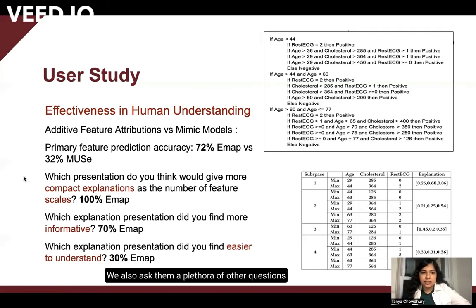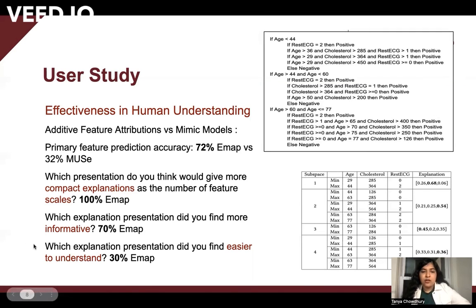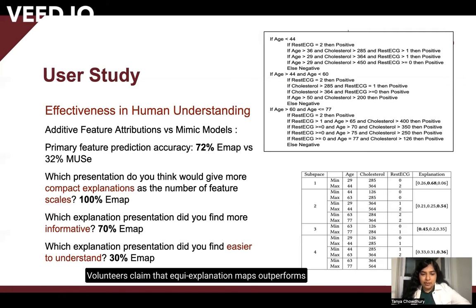We also asked them a plethora of other questions, including which method would give more compact explanations as the number of features scales, which explanation presentation did they find more informative, and which explanation presentation did they find easier to understand. Volunteers claim that Equi-explanation maps outperform if-then based mimic model methods on most of these metrics, especially as the number of explanation features increases.